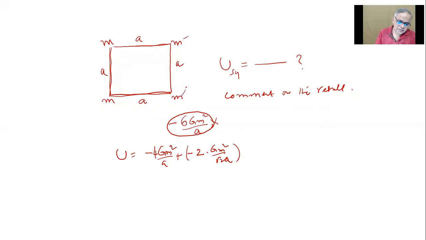These two pairs, this pair is gm square by a into 4 with a minus sign. These two pairs, they are at a distance of what? Root 2a. So you need to find out every pair, write the potential energy and add up.